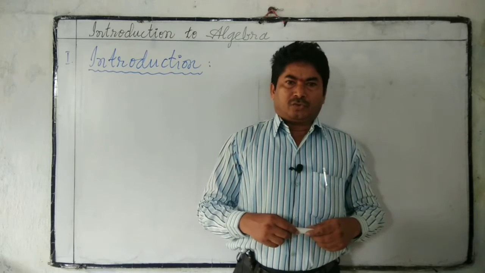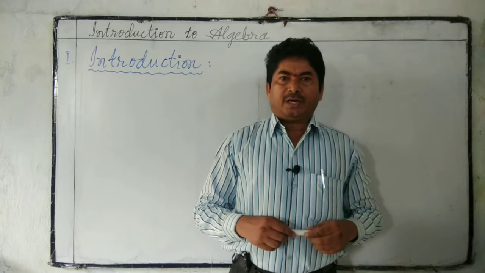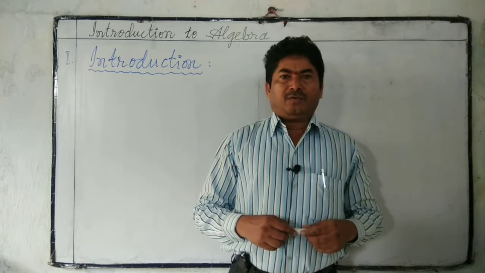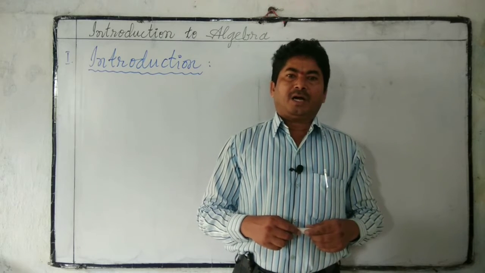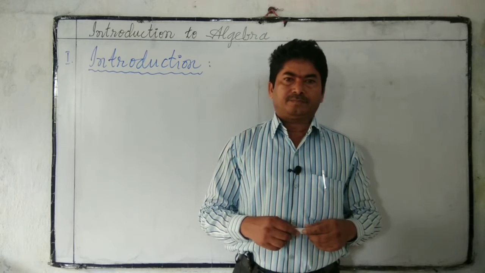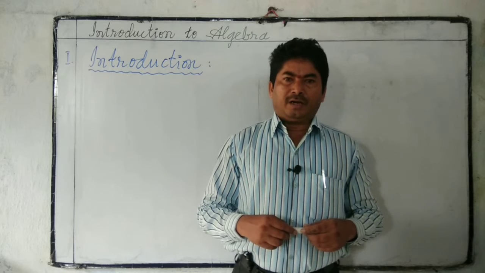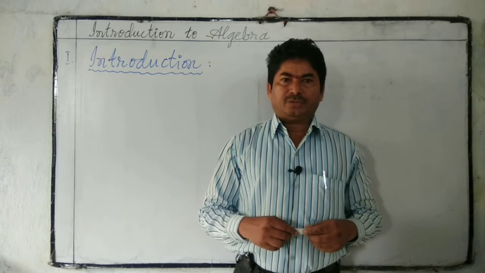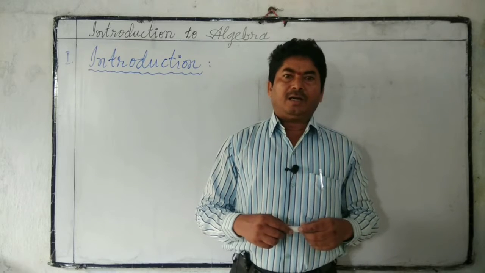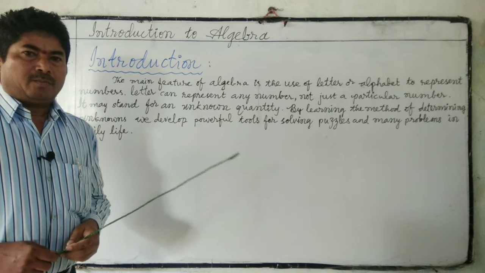Our study so far has been with the numbers and shapes. What we have learnt so far comes under arithmetic and geometry. Now we begin the study of another branch of mathematics called algebra.